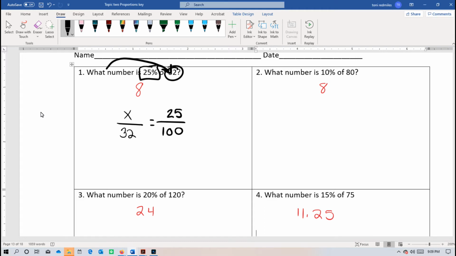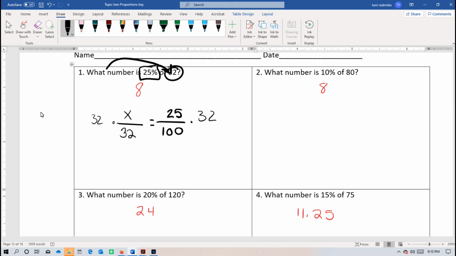All right, so now I got to get this x by itself. With the 32, remember, I do not do cross product. I think it just confuses you when you try to do other things with fractions. But we can clearly see with opposite operation that this is dividing. So to undo it, I have to multiply on both sides.